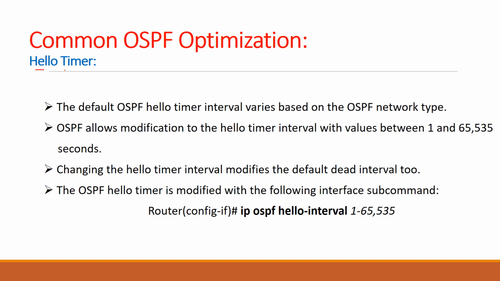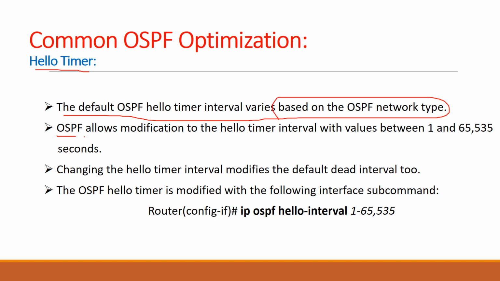The hello timer. The default OSPF hello timer interval varies based on the OSPF network type. OSPF allows modification to the hello timer interval with values between 1 and 65,535 seconds.